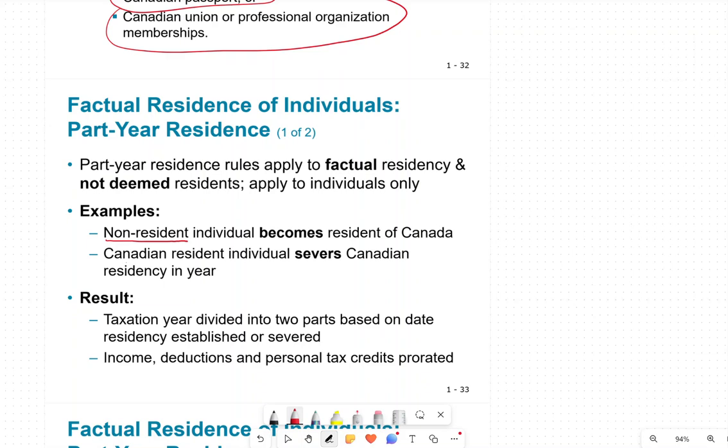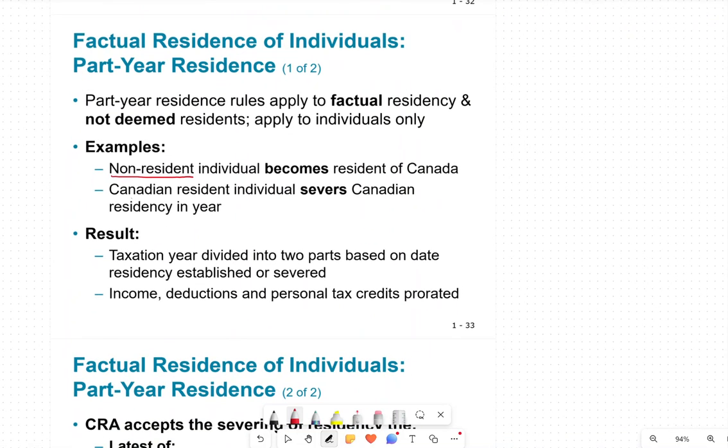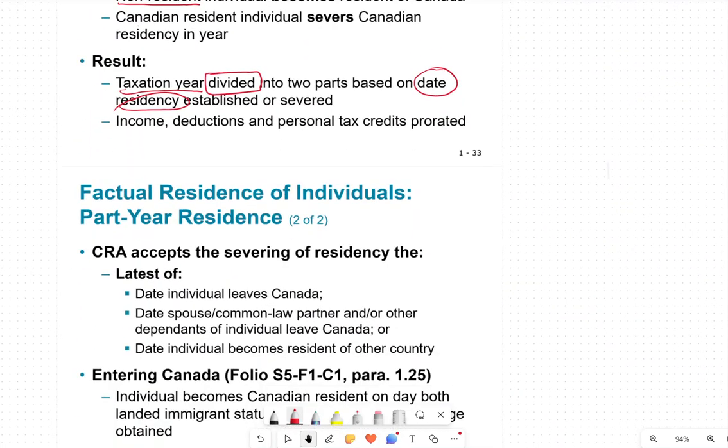In that case, your taxation year is divided into two parts based on your date of residency. Depending on when you came to Canada, the taxation year is divided into two because you have a partial year. We call it partial year residency.